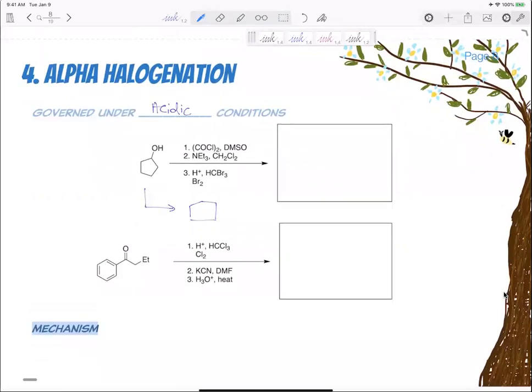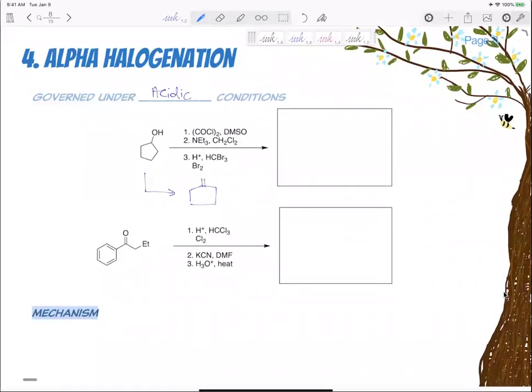Yeah, it's the Swern oxidation. Good. Okay, and now that's where your alpha hydrogen is hiding here. Right? So it's an alpha halogenation, right? So either of these two here are alpha carbons. What does this mean?